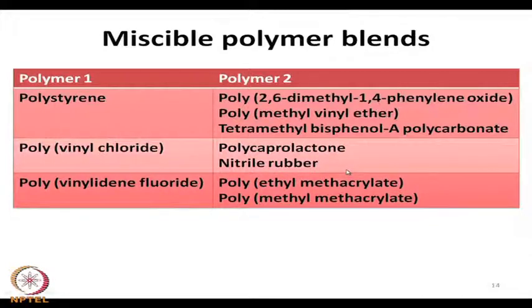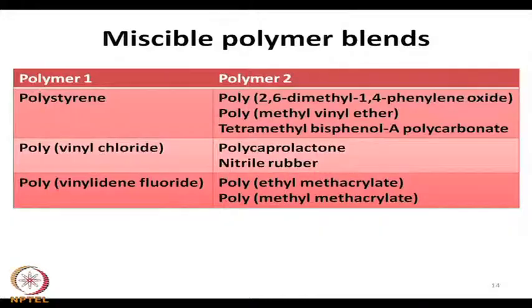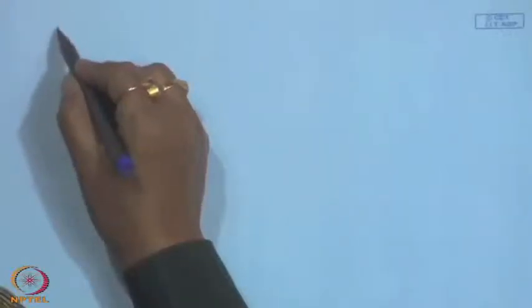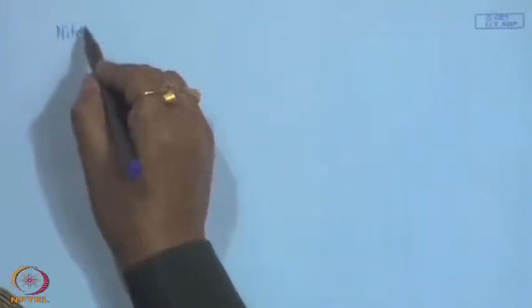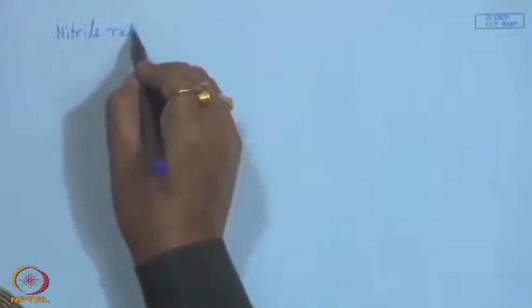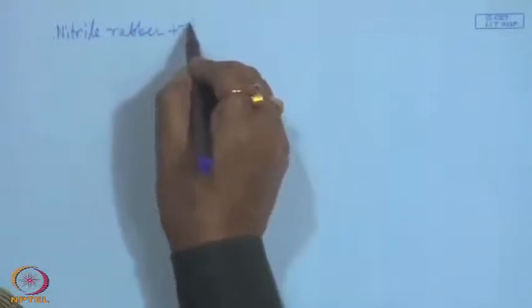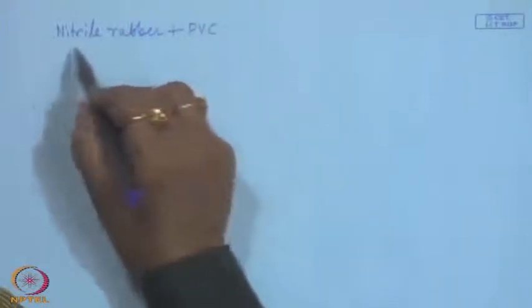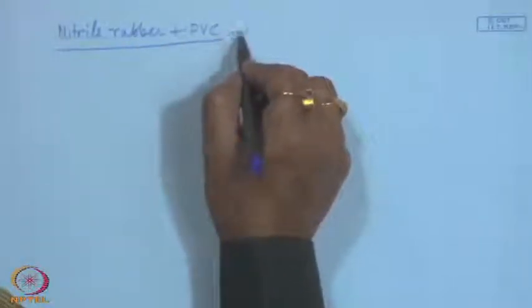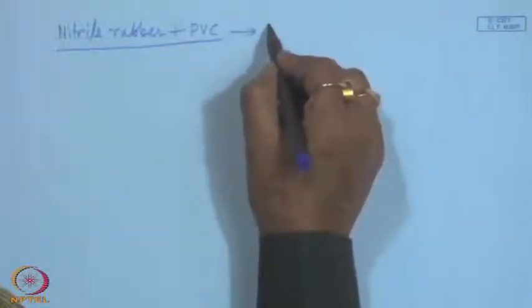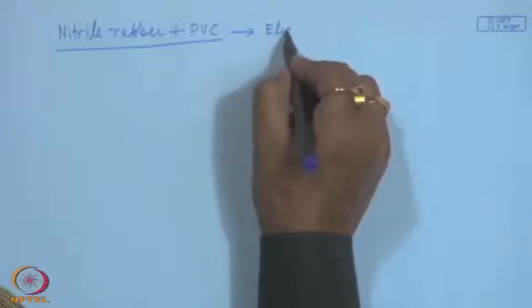Now, the PVC nitrile rubber blend is a very successful blend for electrical insulation, electric cables. The nitrile PVC blend is very good for electric cable application.